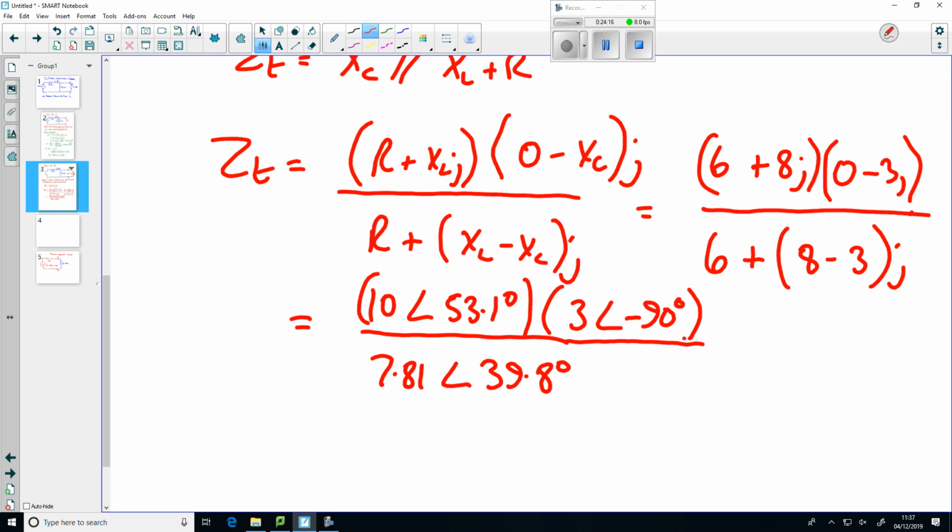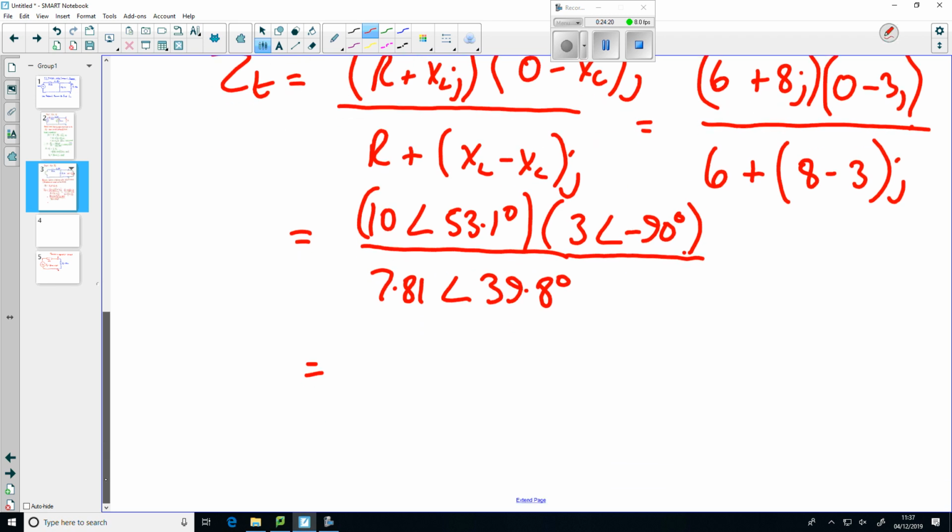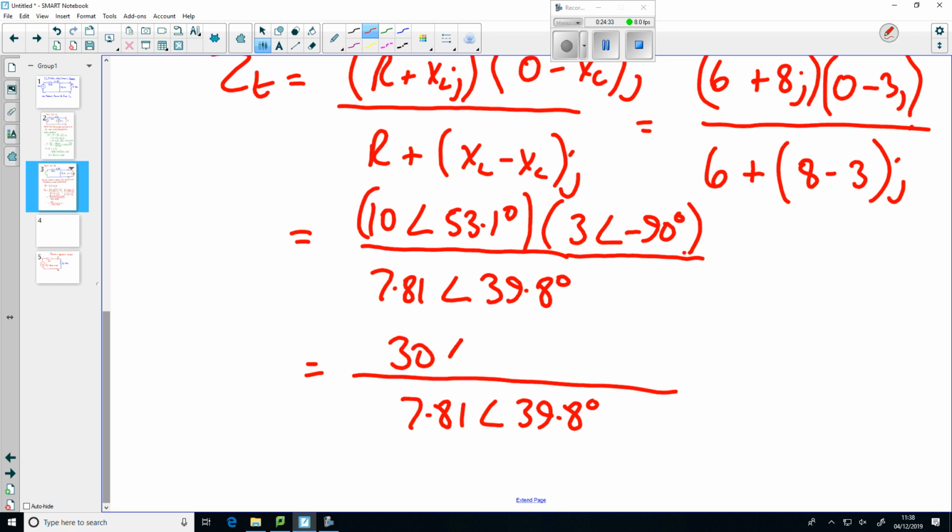And then if we multiply out the top line, the numerator, what do we get? Careful, minus 36.